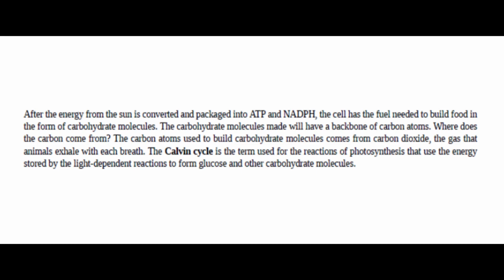The carbon atoms used to build carbohydrate molecules come from carbon dioxide, the gas that animals exhale with each breath. The Calvin cycle is the term used for the reactions of photosynthesis that use the energy stored by the light-dependent reactions to form glucose and other carbohydrate molecules.